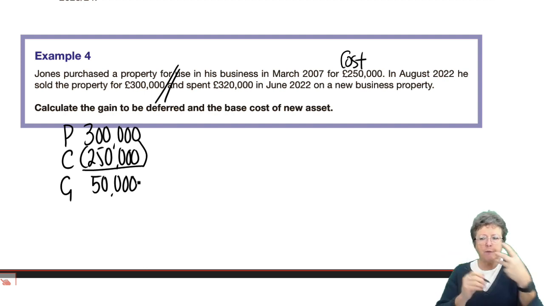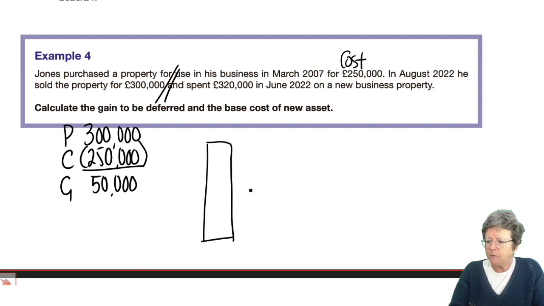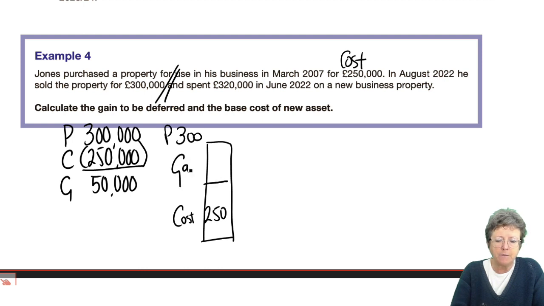So, how this works, let me just show you. So it cost 250,000 and we sold it for 300,000. That's the proceeds. Therefore, we made a gain of 50,000.